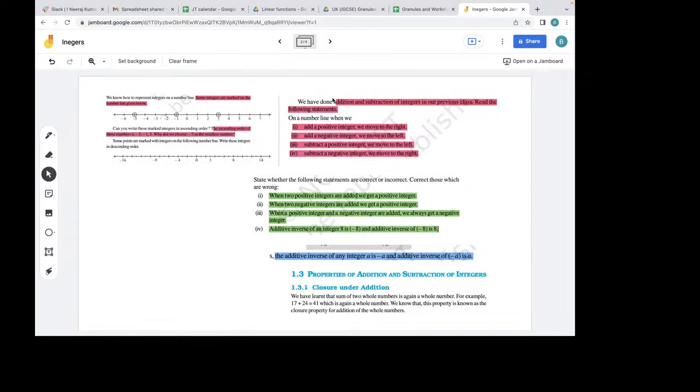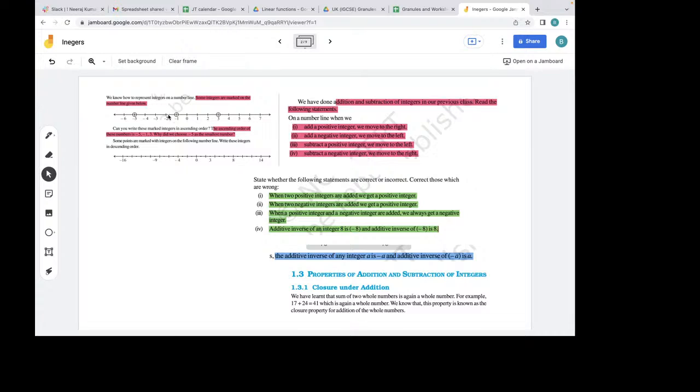Okay, so we have done addition and subtraction of integers in our previous classes. Read the following statements. You must all have learned about adding and subtracting integers in your previous classes. So let's take a quick recall of those. On a number line, when we add a positive integer, we move to the right.